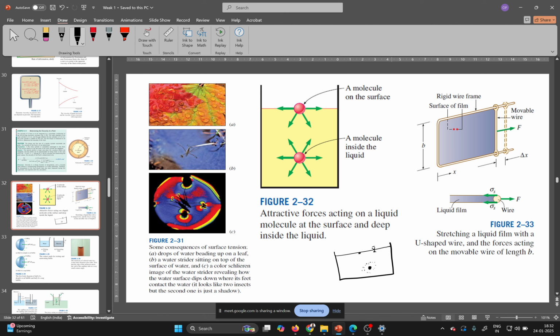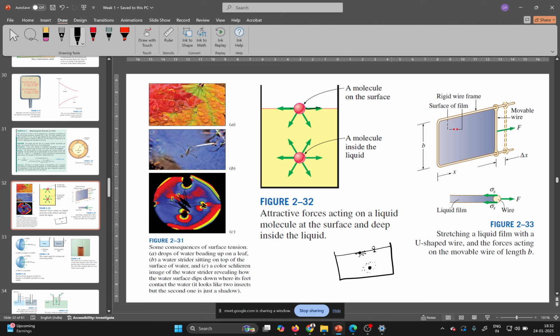If this is the surface, this particle is attracting the surface particle, this particle is attracting the surface particle, and this particle also. What will happen? A tension will form, because if you are stretching something in this direction, definitely tension will form on the surface.